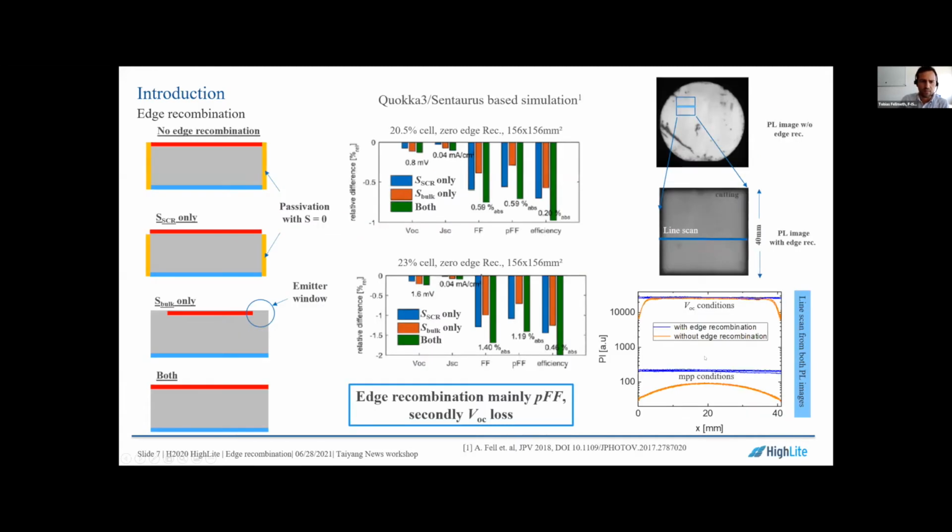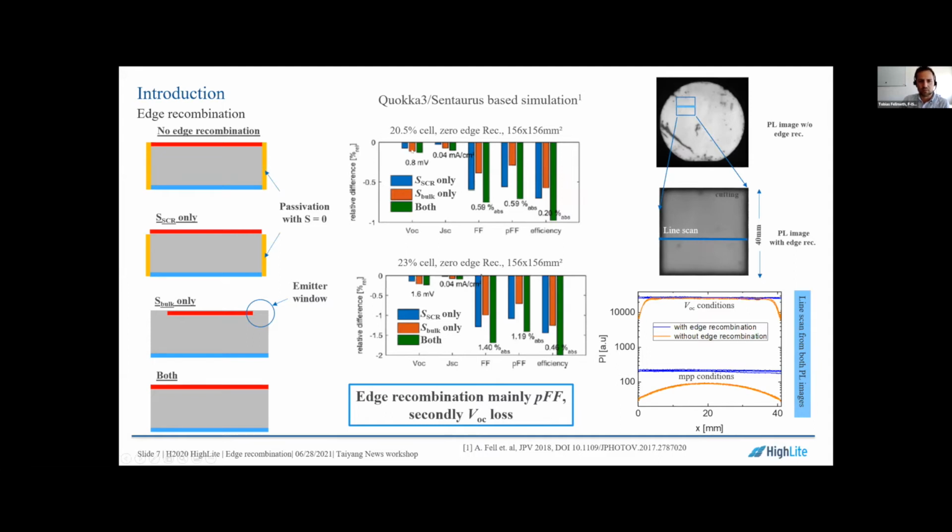And by using Quokka 3 simulations, you can basically look at the different recombination channels and see what happens there. When you consider a 20.5% solar cell, a full-size solar cell with zero edge recombination, you can then basically switch on and off all the mechanisms you want to see. So you have basically the perfectly passivated solar cell.